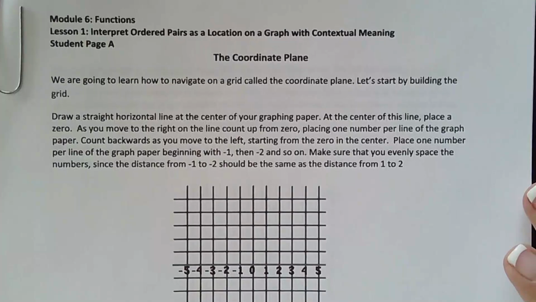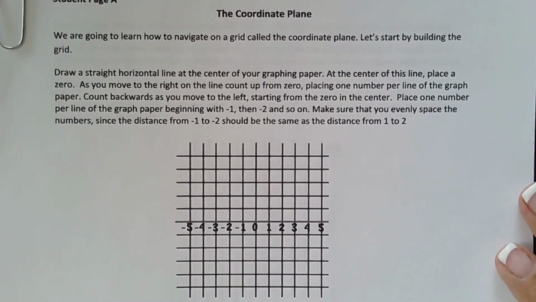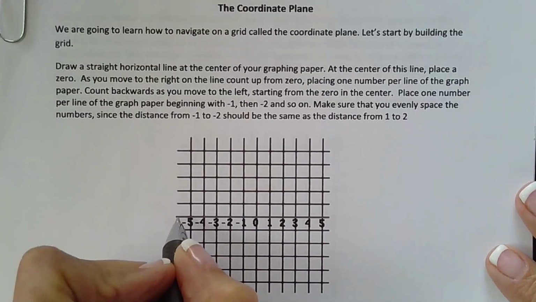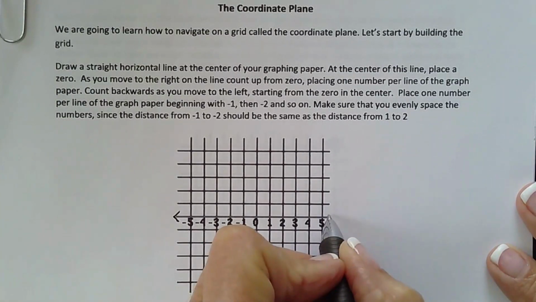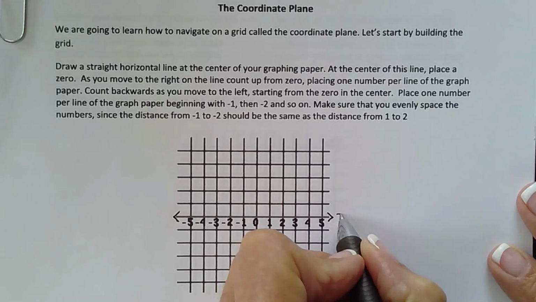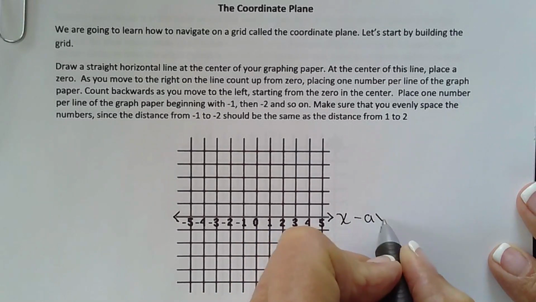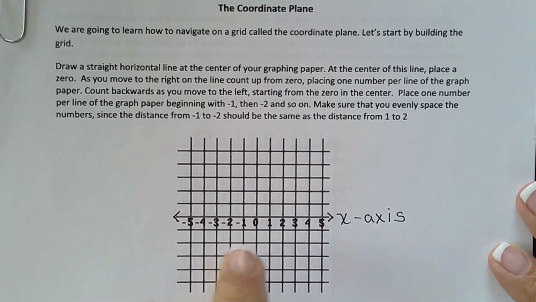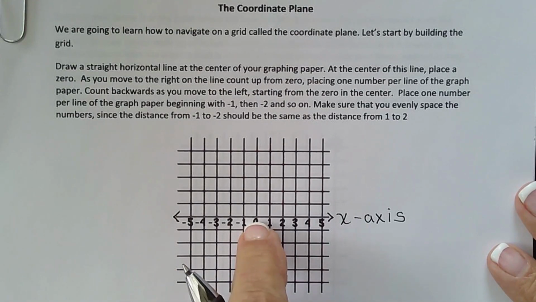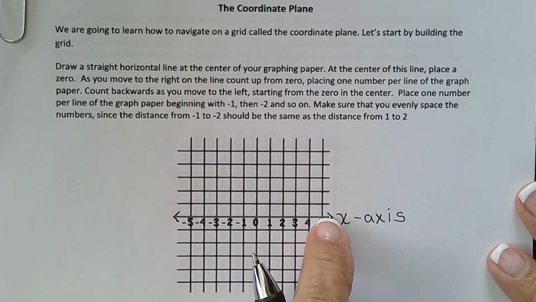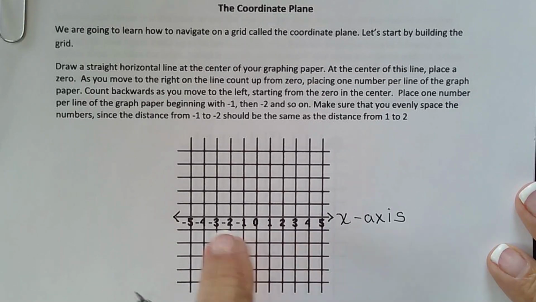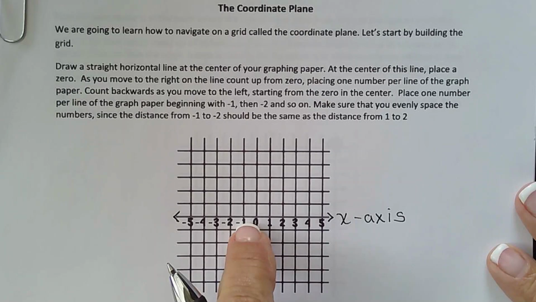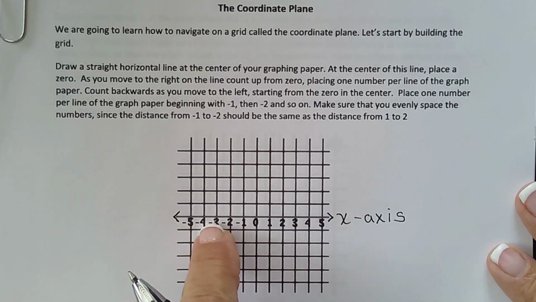So the coordinate plane is on a grid, and it consists of a horizontal number line, which we call the x-axis, and at the center is 0, going in the positive direction 1, 2, 3, 4, and then counting from 0, going in the negative direction, -1, -2, -3.